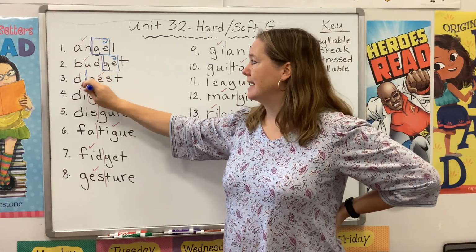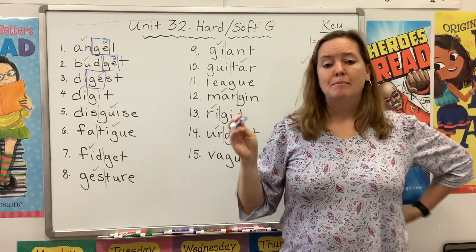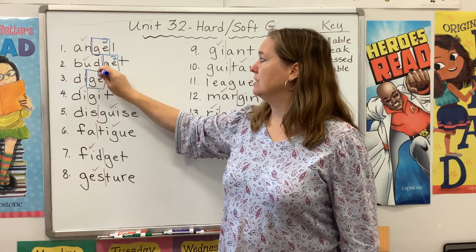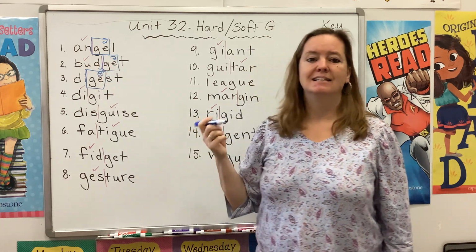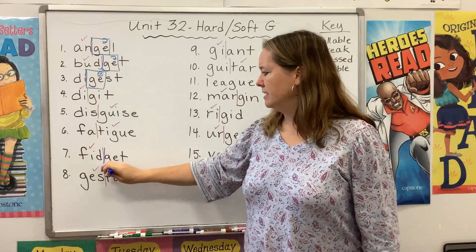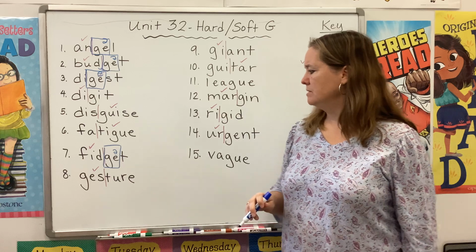Now in digest, it is softening the G, but because it is the stressed syllable, we can actually hear that short E sound. All right, in fidget, that E makes a schwa sound.